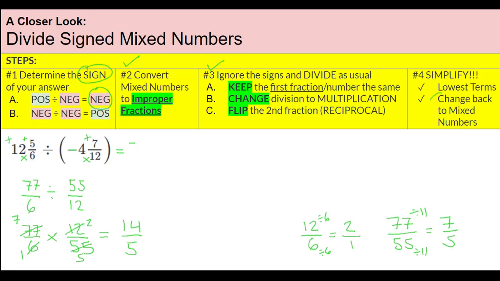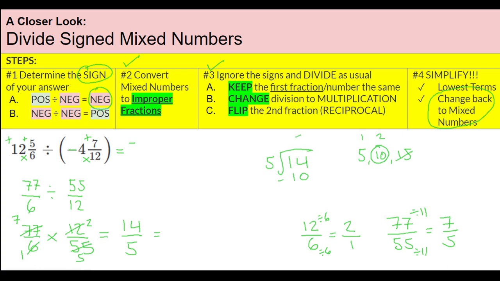Step 4, we still need to change it back to a mixed number. So 14 divided by 5. How many times can 5 go into 14? 5, 10, 15. There's my 5 times table. 15 is too much, so I'm going to use 10. I'm going to take out 10. That means I have taken out 2 sets of 5.